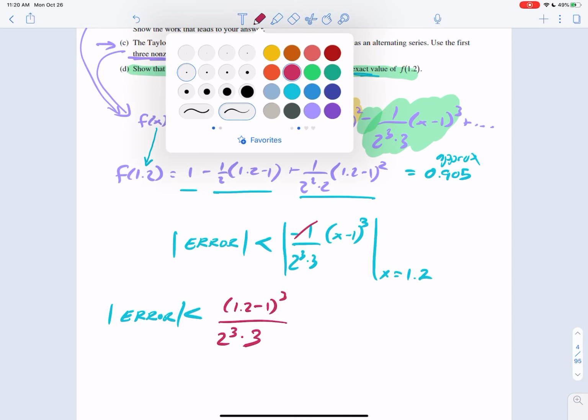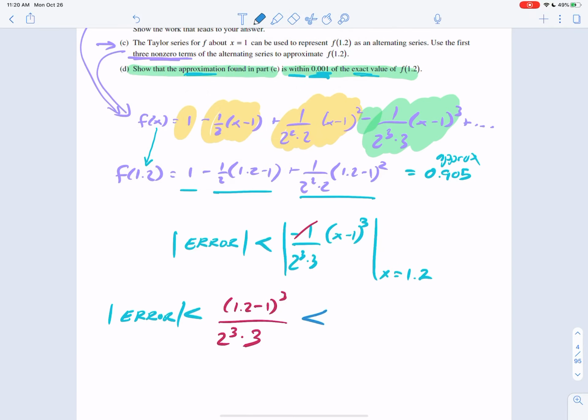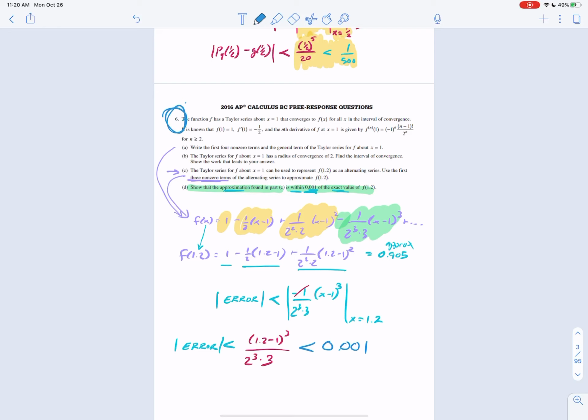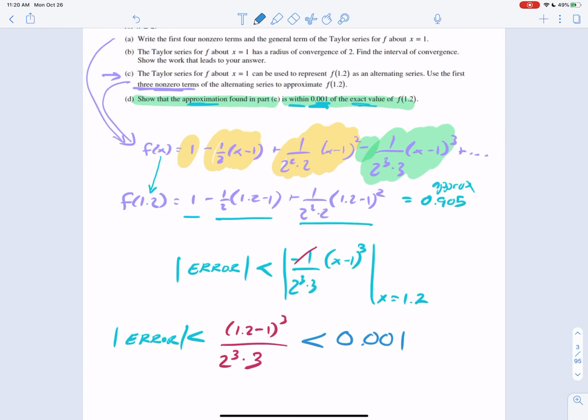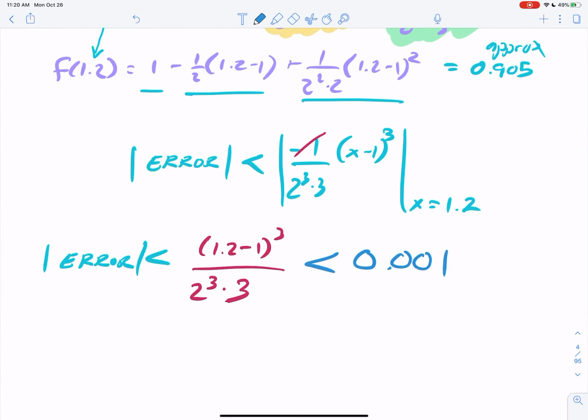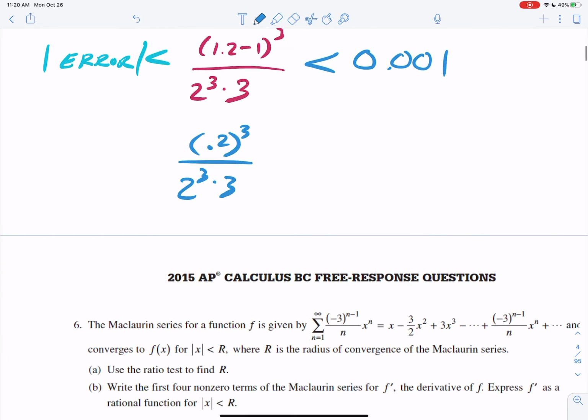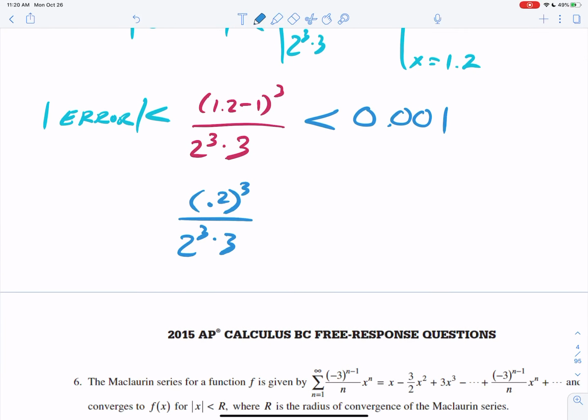Okay, now the cheating part is we could just say, well, that is definitely within 0.001. Okay, remember this is number 6. We don't have access to a calculator, but let me just show you guys real quick. 1.2 minus 1 is 0.2 cubed. Just to show you, 0.2 is the same thing as 2/10 or 1/5.